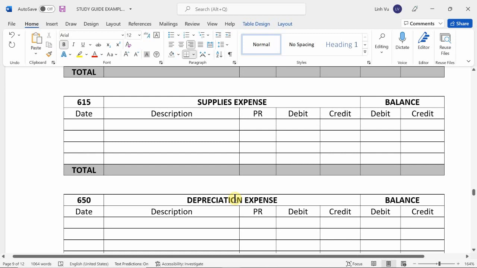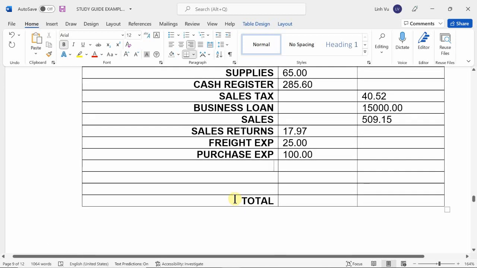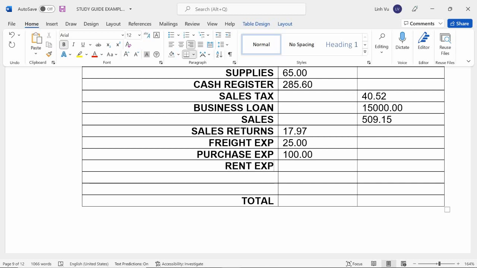I have a rent expense for $1,500. No supplies expense yet, and no depreciation expense yet. So the last one I have here is rent expense for $1,500.